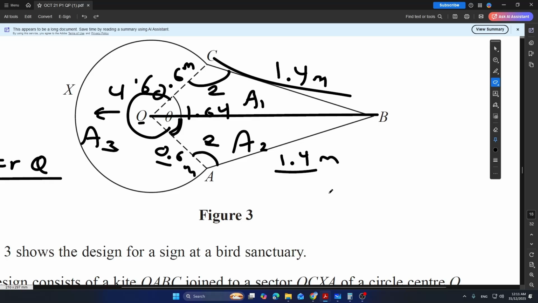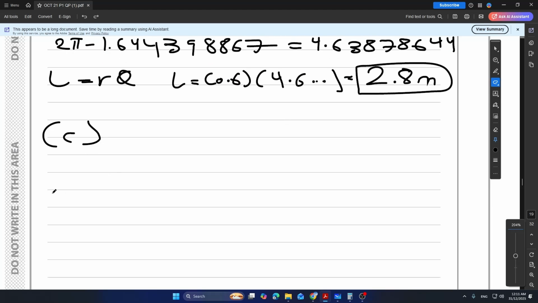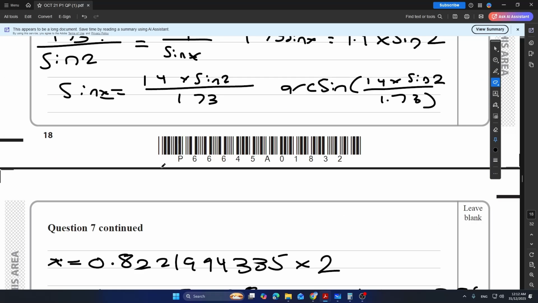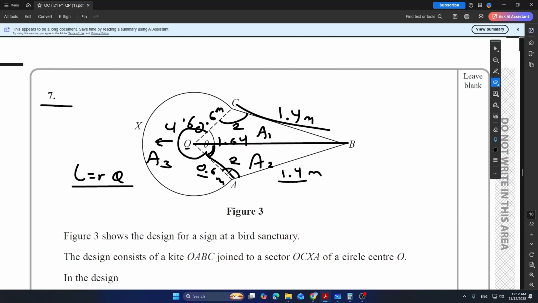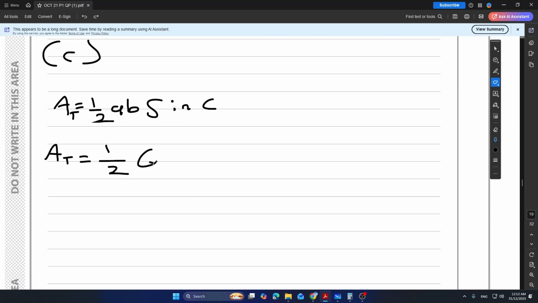Area of a non-right-angled triangle, we said, is area equal to half ab sine C. So let's write this down. Area of triangle equal half ab sine C. We know that a is this, and b is this, and the angle in between them is going to be C. So half times 0.6, times 1.4, times sine 2 is going to be our answer.